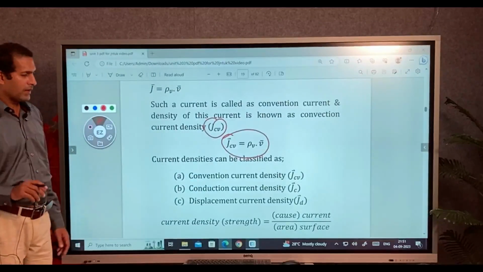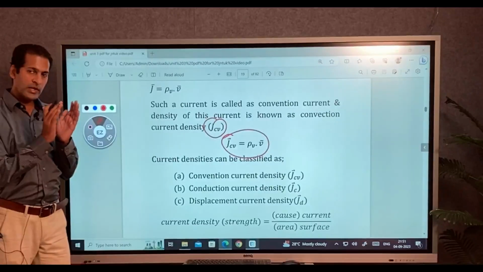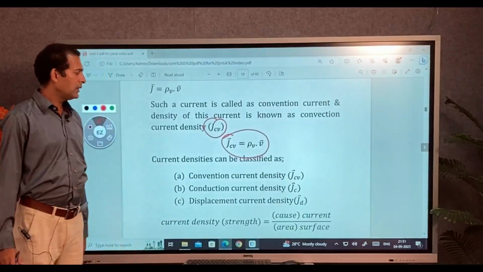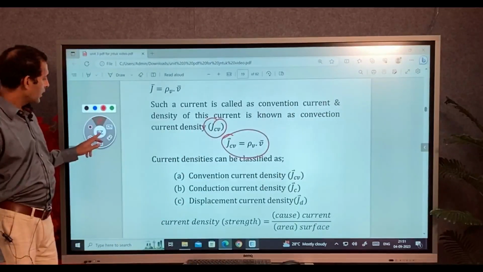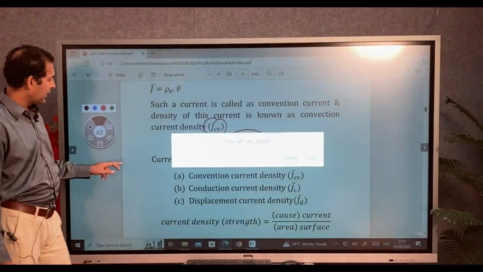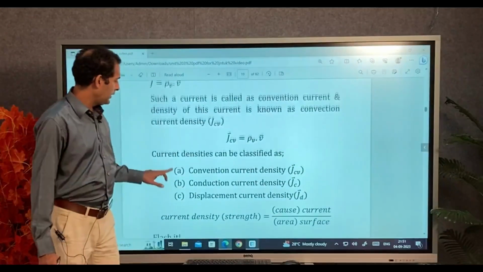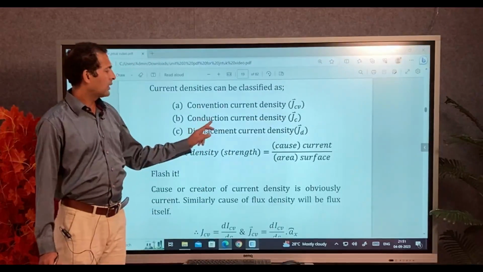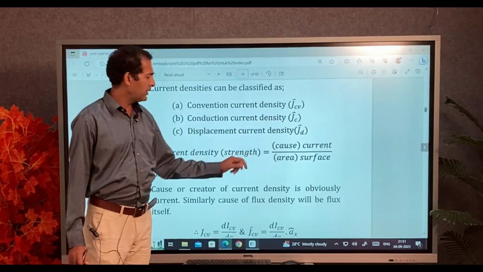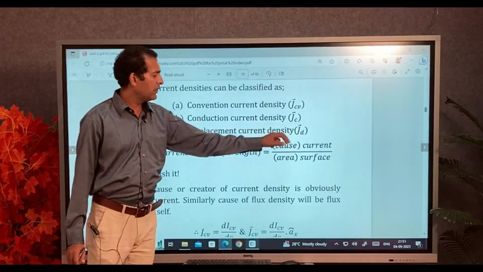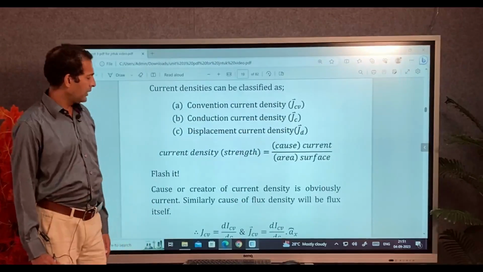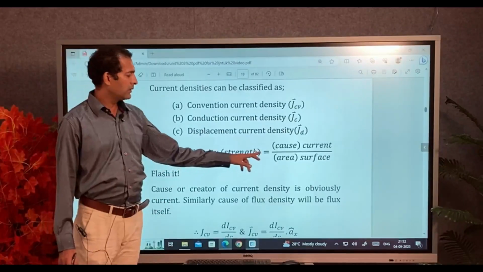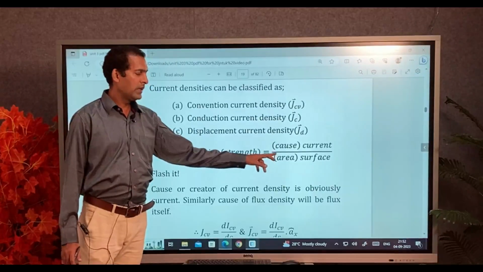As we can see in the diagram, the volume charges are moving with some velocity, and that is nothing but the current density. So there may be different forms of current density. Here we can see conventional current density J_CV, conduction current density we will call J_C, and displacement current density we will call J_D, which we will also discuss. The basic relation of current density is current per area.